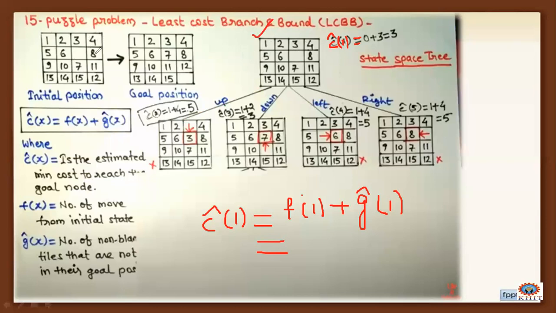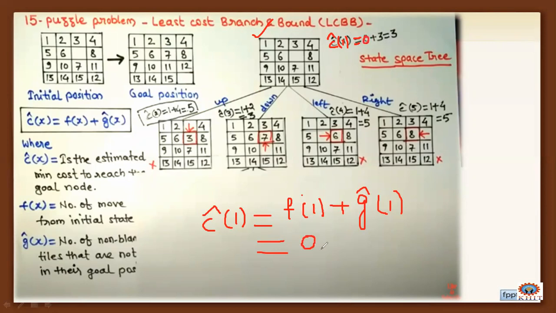If you consider the second row, all 4 values are the same. Even in the third row and fourth row, there is no change. That means I have taken the initial position exactly here. No changes are applicable, so the value of F of X is 0.